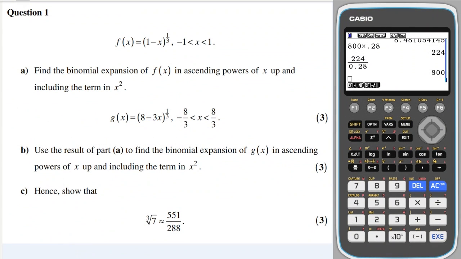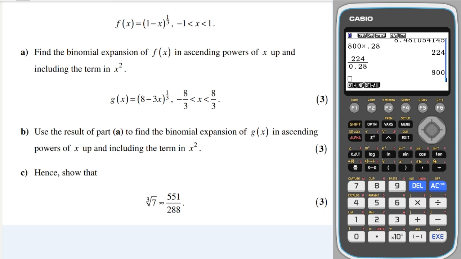Okay, question 1. We have a function, and it says the binomial expansion of f of x is in ascending powers of x up to and including the term in x squared. Okay, great. So we're going to use the formula. So I will start it down here, and we will have 1 plus nx, which is the power multiplied by whatever the x is. So that will be minus a third x.